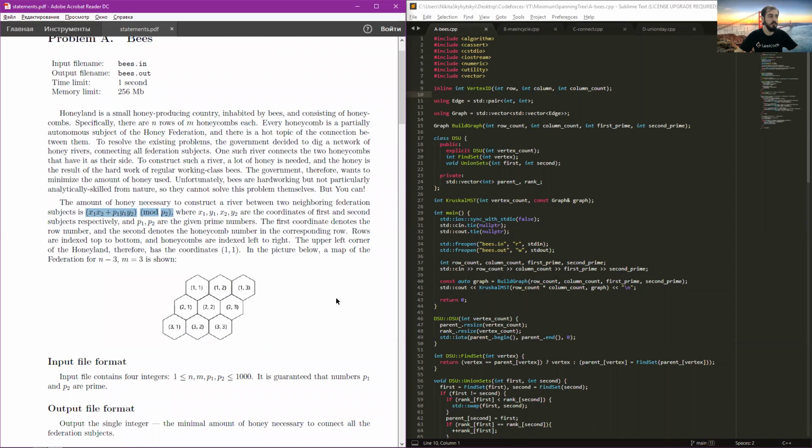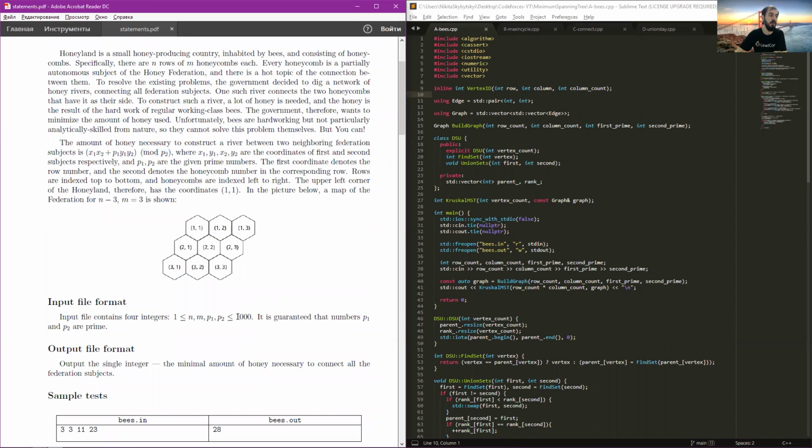First of all, you notice that there are not all that many edges. There are at most 6 edges going out from every cell. It's a great sign. It means that the total number of edges is linear.